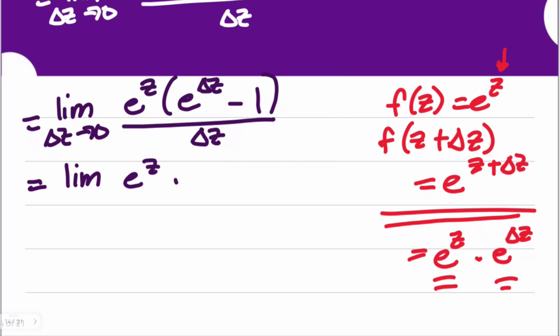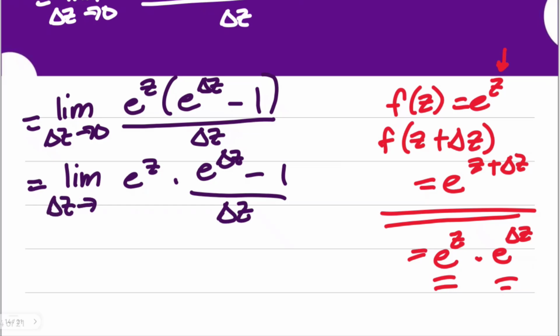So you have times e to the power of delta z minus 1 all over delta z as delta z approaches 0. Just like if we're going to have 5x over x, this is equivalent to 5 times x over x, right? You can share the denominator on one of the terms if you would like to, so that you can cancel that and so on and so forth.